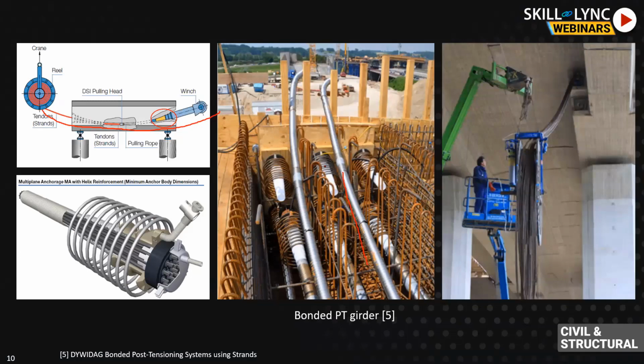If it's a bonded PT, we will fill this duct with grout material. We'll pump the grout, and then it's similar to prestressed pre-tension strand. Once the duct is placed, then we'll pour the concrete. And if it is unbonded, or cast in place with very tedious curves, horizontally and vertically, then this PT is preferred.